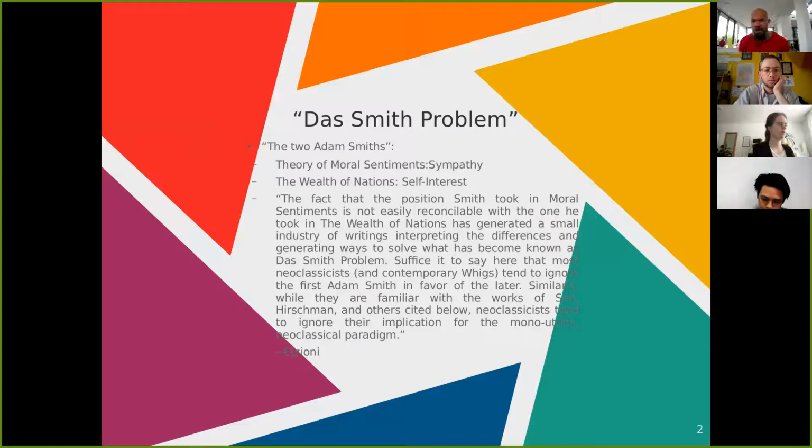So we start with the so-called Smith problem, which sometimes is called das Smith-Problem, because in the German literature there's a large debate that's been ongoing basically since Adam Smith's books traveled over from Scotland and people started reading them on the continent. This Smith problem can be summed up with the idea that many perceive there are two Adam Smiths.